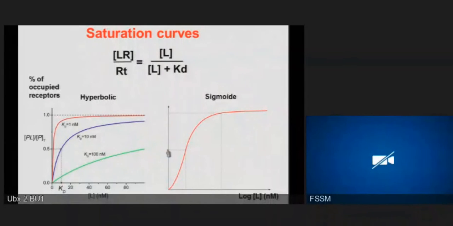And then determine 50% occupancy corresponding to the log of the concentration of L allowing to get this 50% occupancy, which means the log of KD.